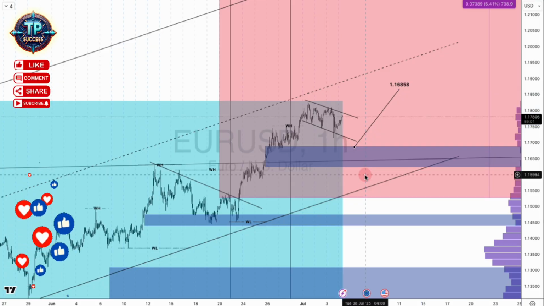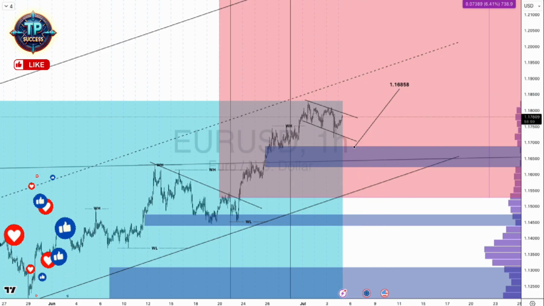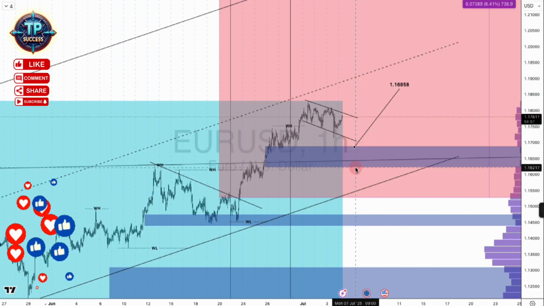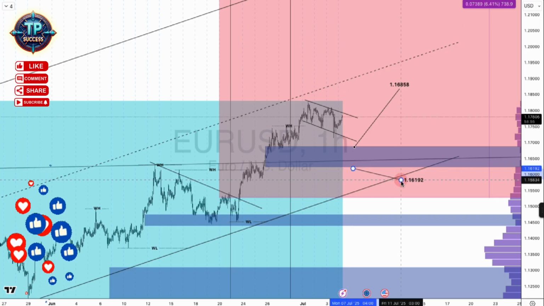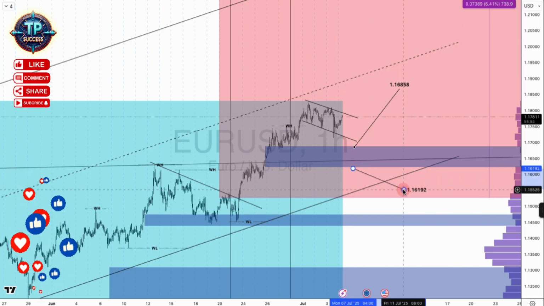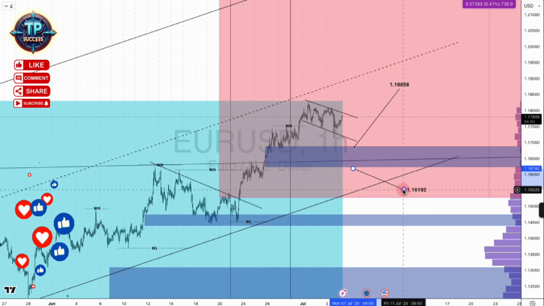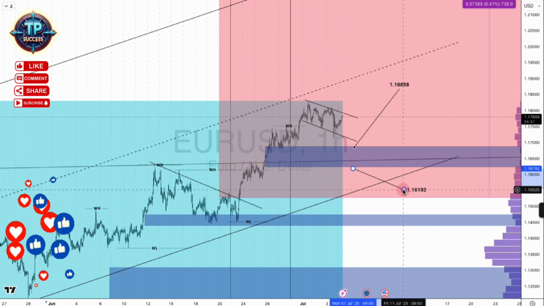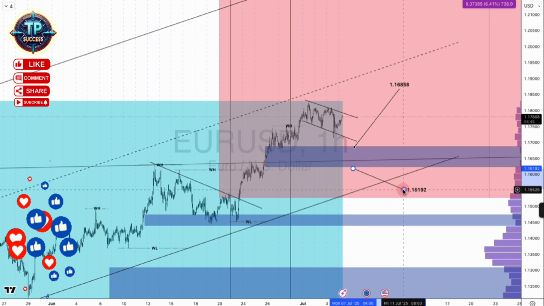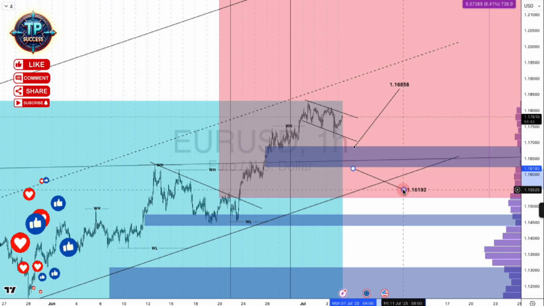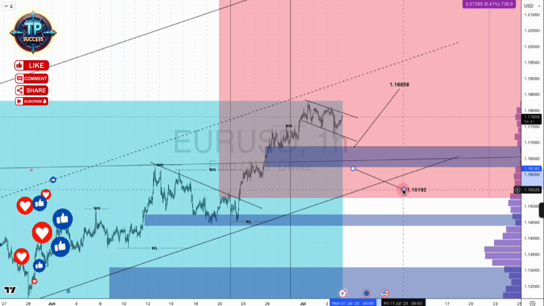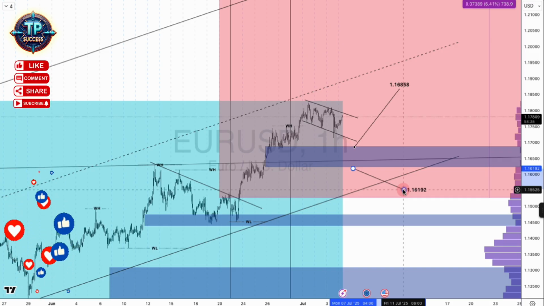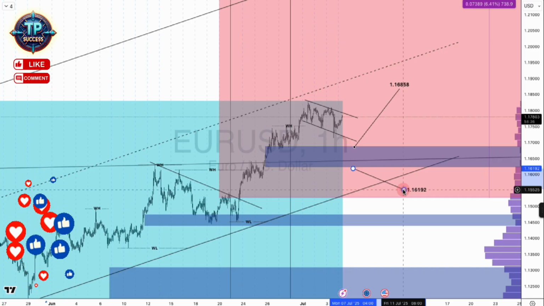At the same time, if price closes below, when we get a close above or below a low value node, let's get into the habit of waiting for a retest, because I think that will help us a lot more than just jumping in because it has gone through.